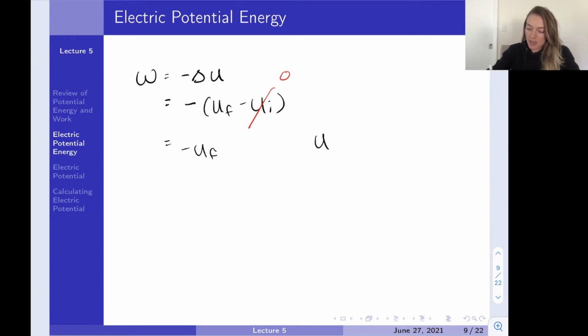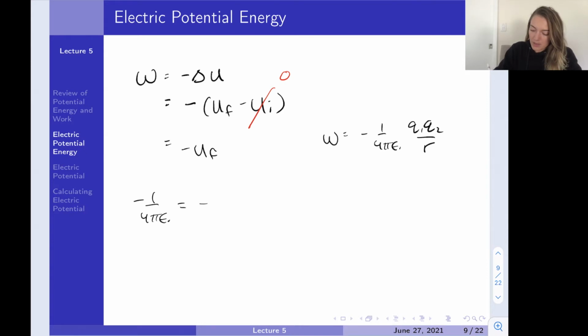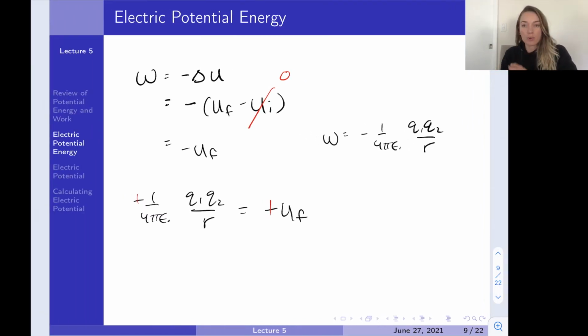And remember, we said that the work done by the electric force was negative 1 over 4 pi epsilon naught, Q1 Q2 over R. So I can plug this right into my work, and I get negative 1 over 4 pi epsilon naught, Q1 Q2 over R, is equal to negative U_F. I can cancel out my negative signs, and now I have the potential energy of my two particles. So this is how we write our potential energy between 2 point charges.